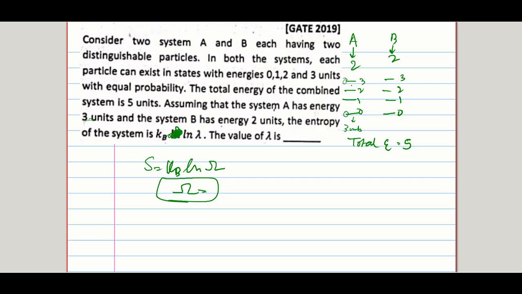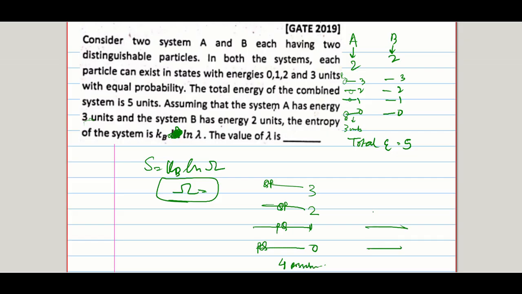The second possibility is here and here. Let's say the particles are P and Q. Here it's P, here it's Q, or here it's P, here it's Q. So two possibilities here, and another two with the other arrangement. So in total four possibilities.